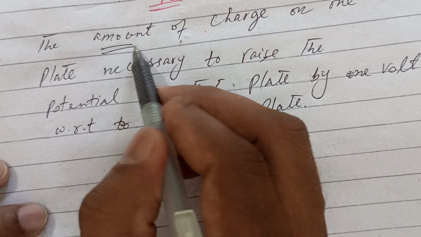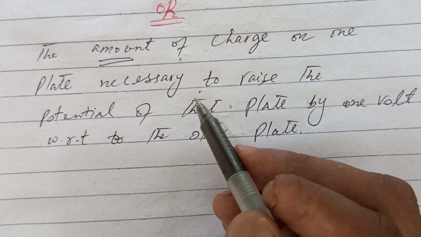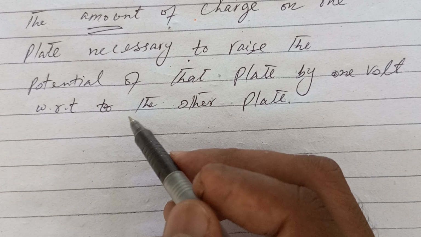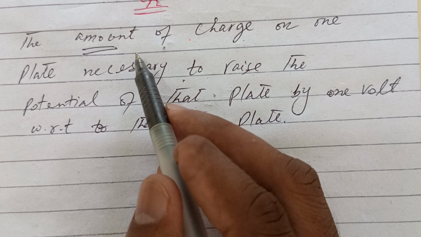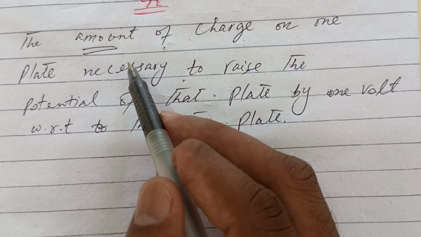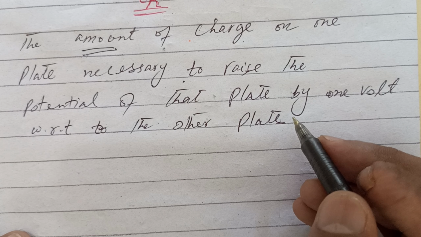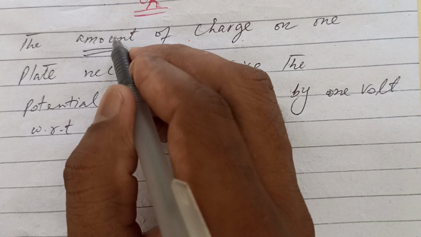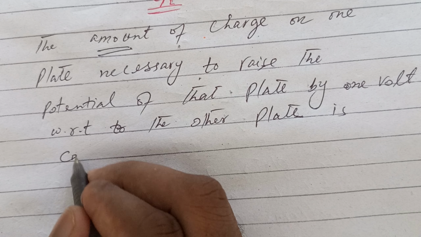The amount of charge on one plate that is required to raise the potential of that plate by 1 volt means the charge on the plates produces a potential difference of 1 volt between the plates. That amount of charge that is stored on the plates is called capacitance.